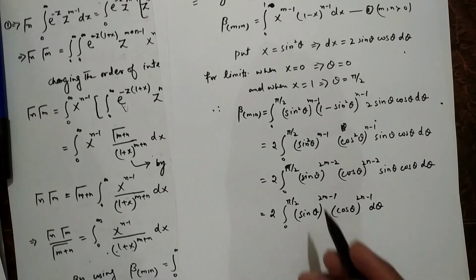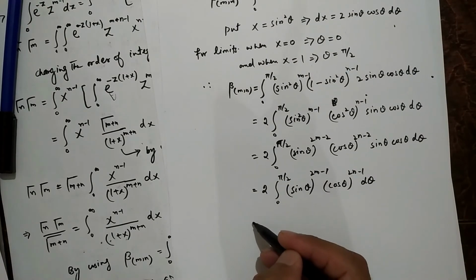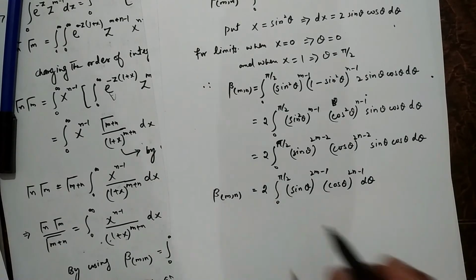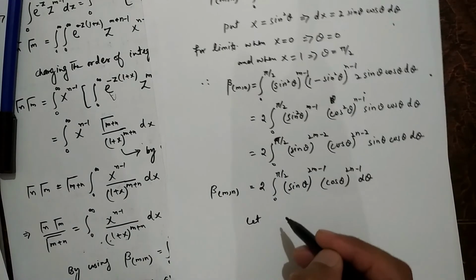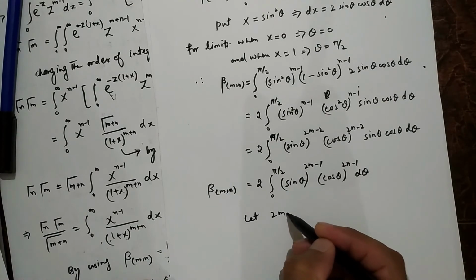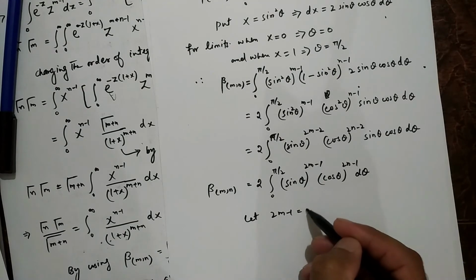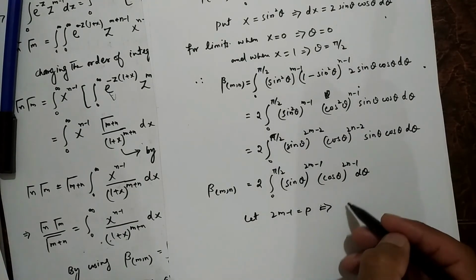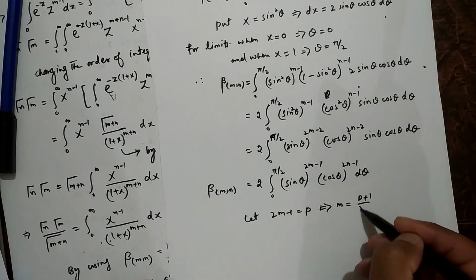Now this one is beta mn. Here 2m minus 1, let's suppose we call it p. So this will lead us that m will be equal to p plus 1 upon 2.